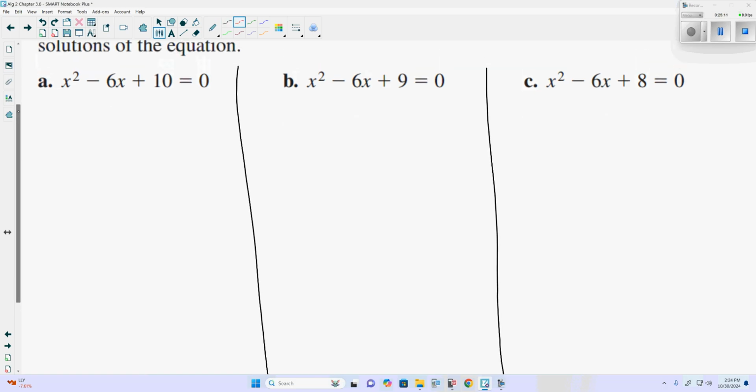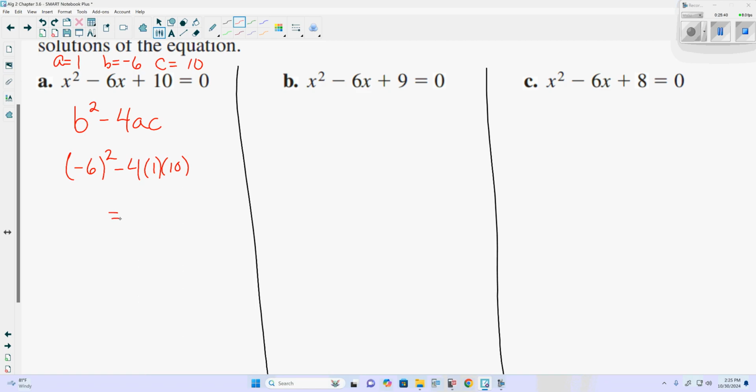Now the first one here, we still need to find the values of a, b, c. Well, a is 1, b is -6, and c is 10. So the first thing we need to do is find the value of b squared minus 4ac. Well, b is -6, a is 1, c is 10.